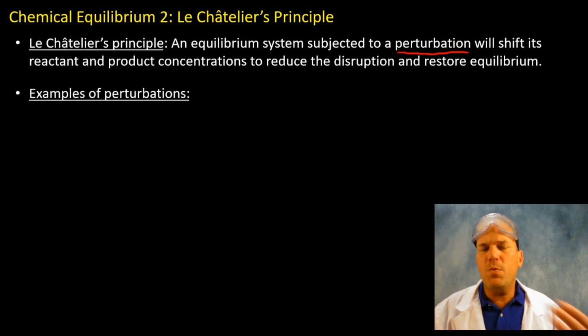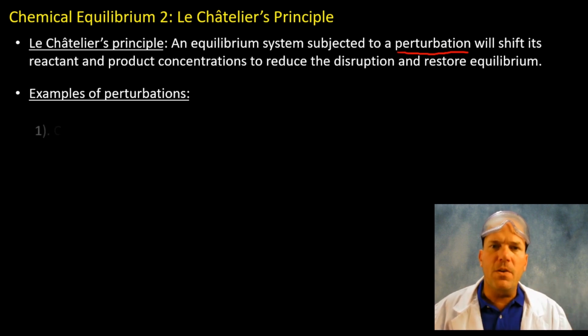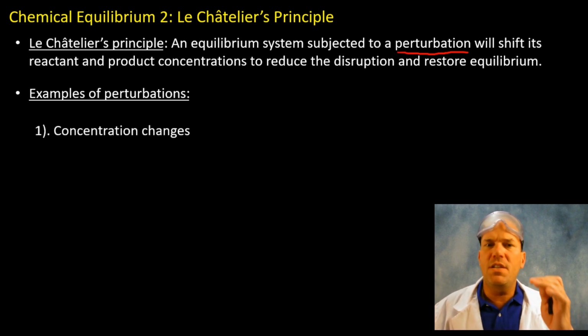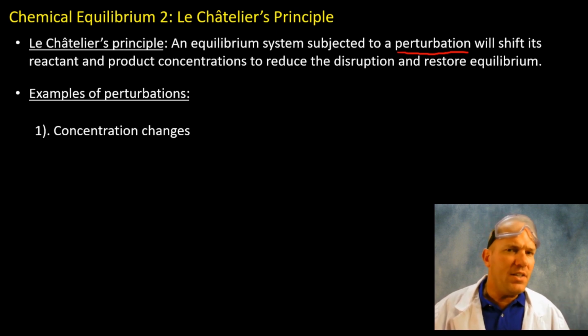Let's look at three main examples of perturbations. First, a concentration change. Any changes in concentration to either the reactants or the products will cause a shift in equilibrium in order to restore and compensate for the stress.